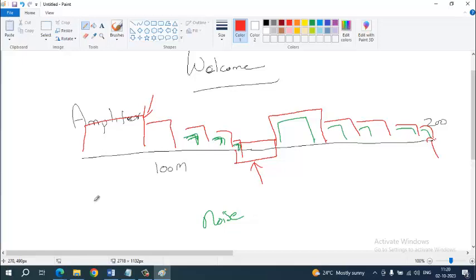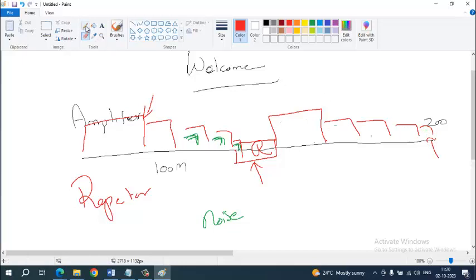So came the repeater. The repeaters are the same as an amplifier. The difference is they are very clever. They filter the noise and amplify, regenerating only the data.